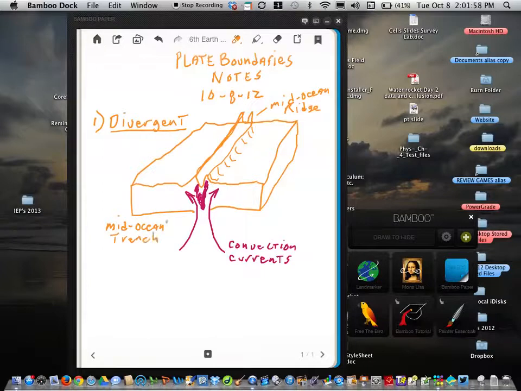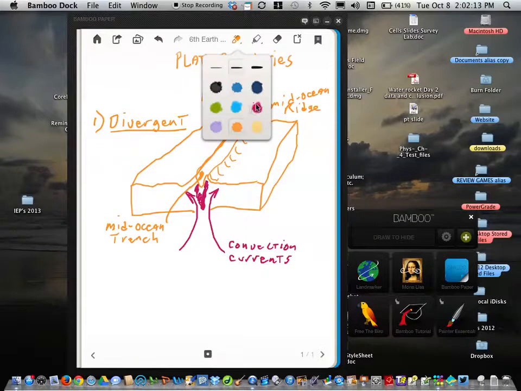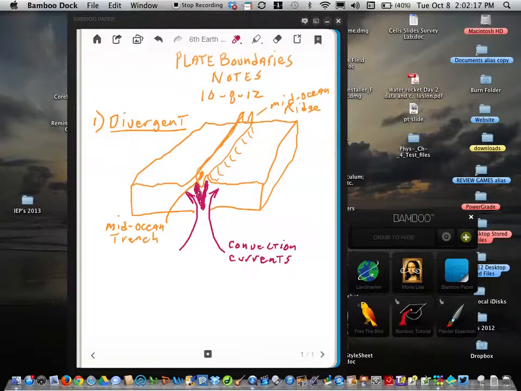And the trench is oftentimes very deep, and because of the temperatures of the molten magma coming up down here, it produces a really unique environment where creatures are found that don't normally live in any other area but the mid-ocean trench. Because it's warm and because it's super deep, it's a very unique environment.